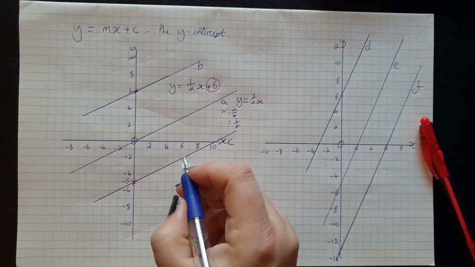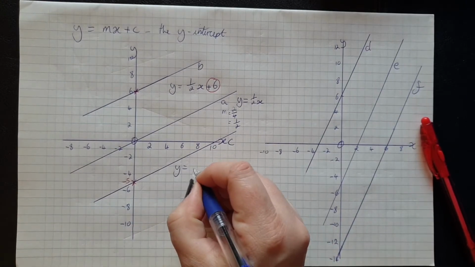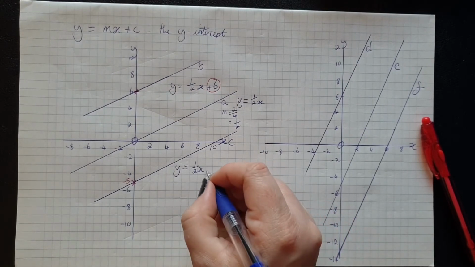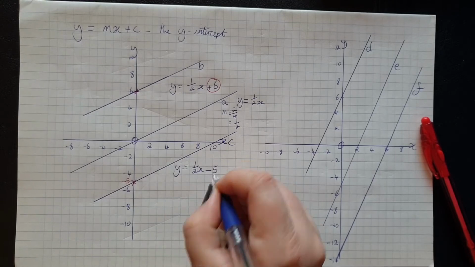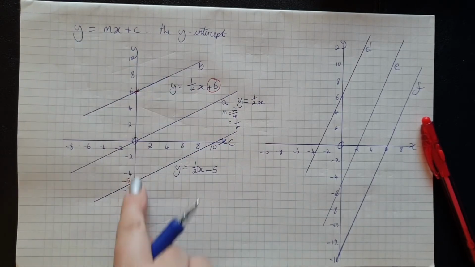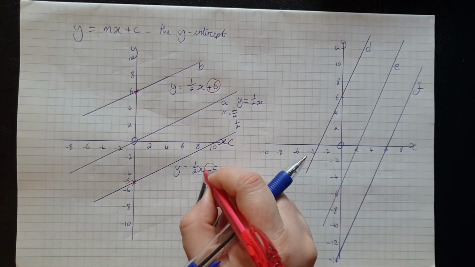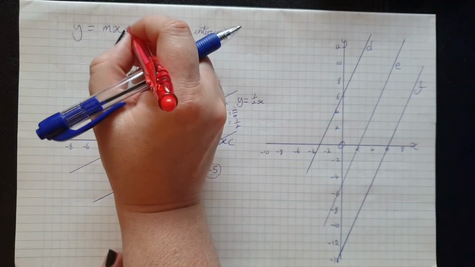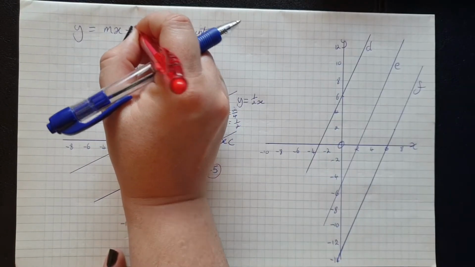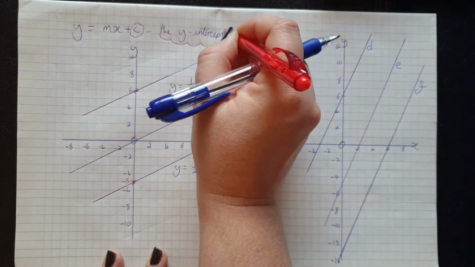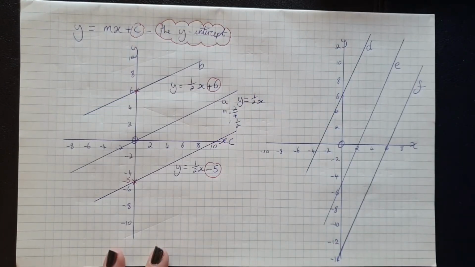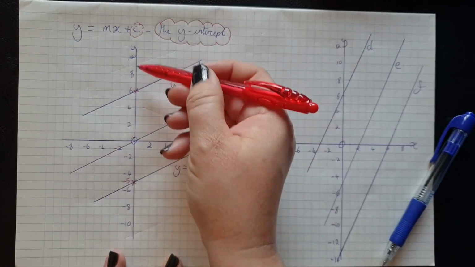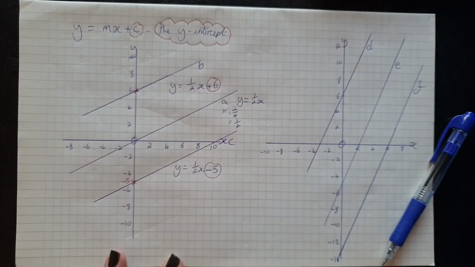So this equation is still your y equals half x, your gradient, -5, because it's going through the y-intercept of -5. Just to recap, c is the y-intercept. It's the point where the graph crosses through the y-axis.